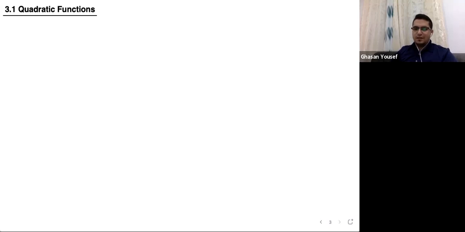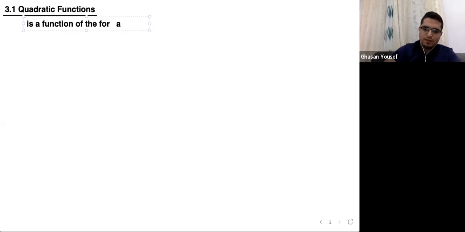Ax squared plus bx plus c. This is correct. Yes, the quadratic function is a function of the form a times x squared plus b times x plus c.